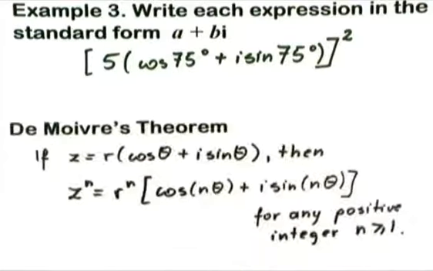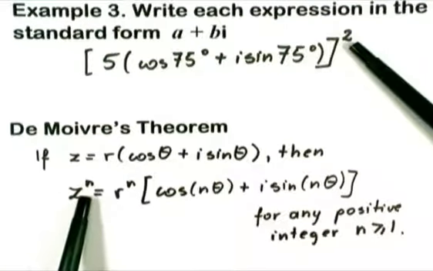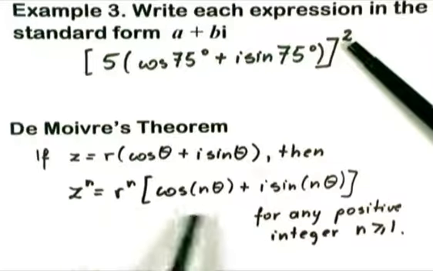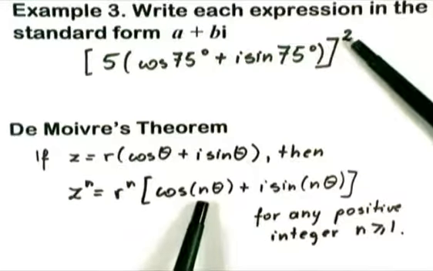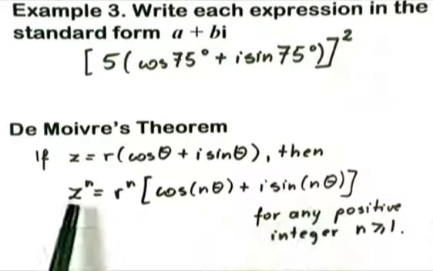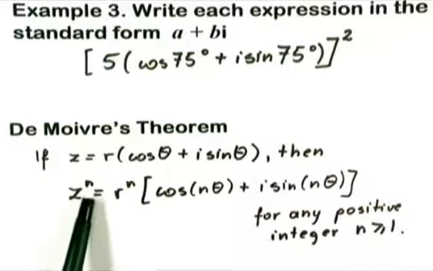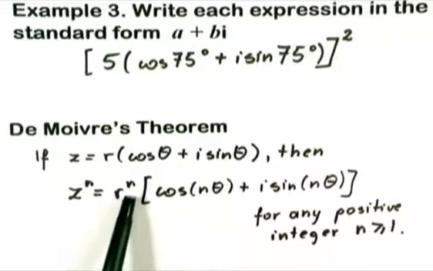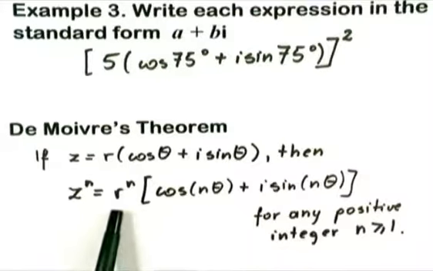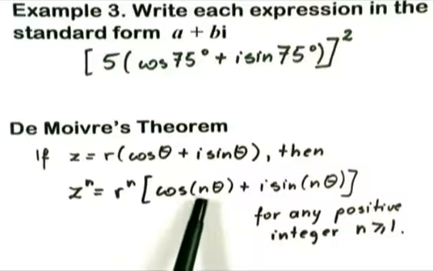So we need to recall what the exponent means. For a complex number in polar form to the power n, we raise r to the power n, and then we multiply the angle by n.